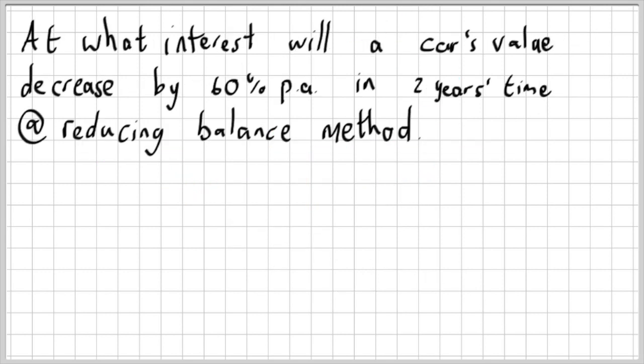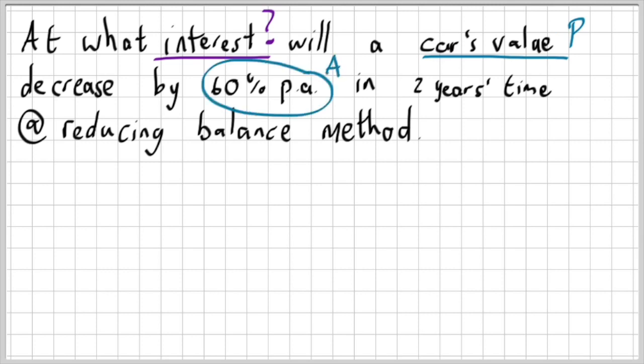Let's try another example, but by using reducing balance method. I want you to try this example before you watch the rest of this video. Let's get the interest rate at which a car's value, I don't know what it is, but it's P, will decrease by 60%.